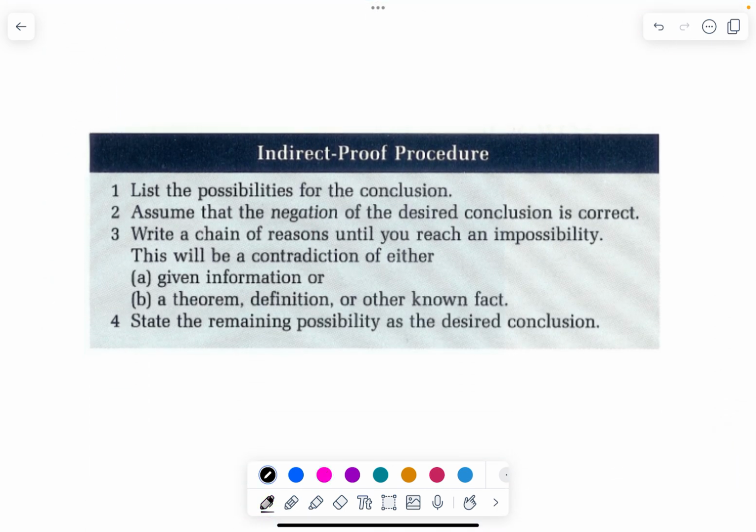So what we're doing here, when we do an indirect proof, we're going to start with either blank or blank, okay? And this is based on what we want to prove, okay?